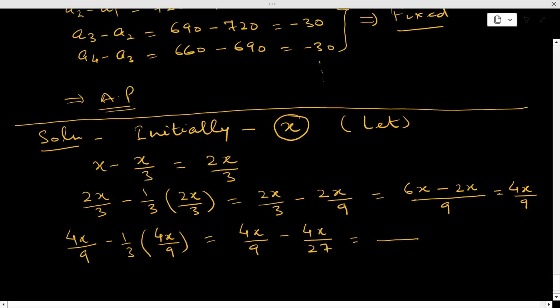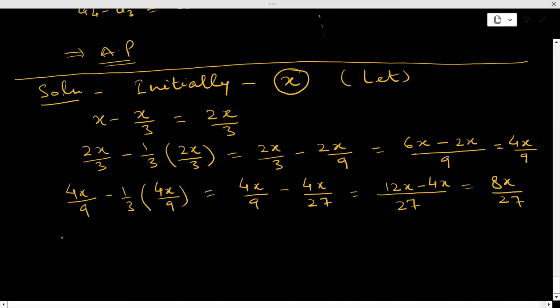Taking 27 as the LCM, this is 12X minus 4X, which is coming out as 8X over 27.